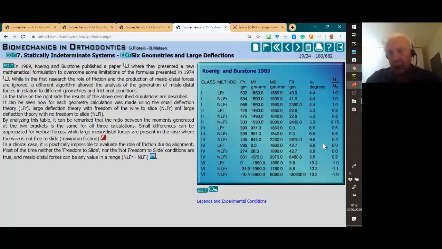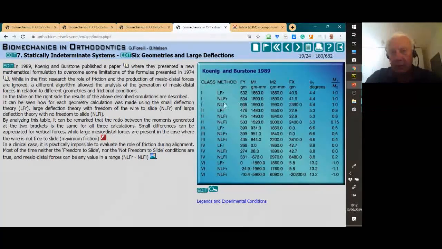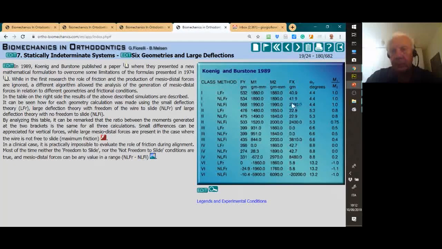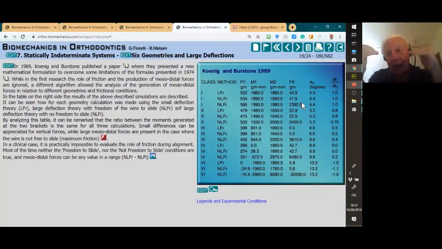I'm not going into the details of this chart, but theoretically, if there is a total impossibility of sliding between the wire and the bracket, you might have forces in different geometries that are in the range of kilograms.